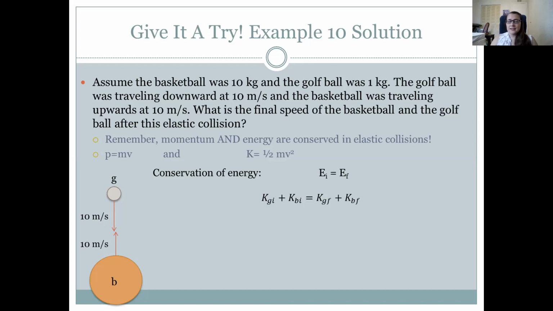Now, we are not dealing with gravitational potential energy in this case because we're just going to choose a very convenient coordinate system where our 0 point is right there at the height of the golf ball. Also, we're looking at such a small period of time that this collision is actually happening that there's not a substantial change in height during this collision.